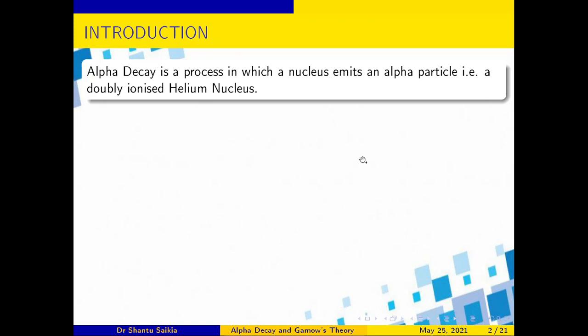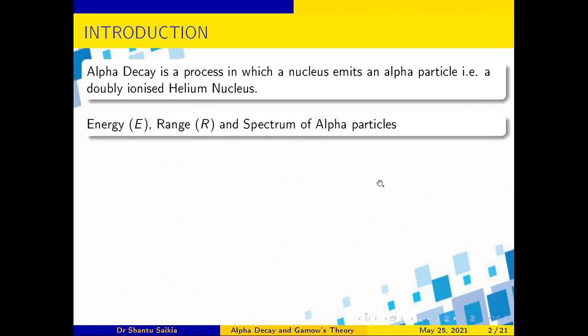This alpha particle, being emitted by a radioactive source, has its own inherent energy with which it is emitted. We can talk about the energy of alpha particles, and this energy is different for different alpha emitters.